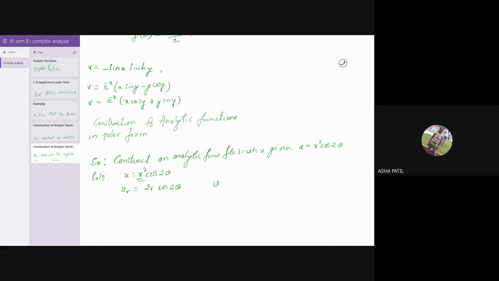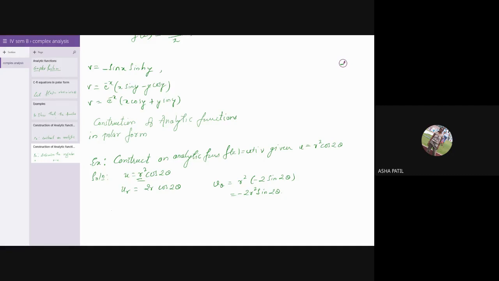Then u theta: r square is held constant, derivative of cos 2 theta is minus 2 sin 2 theta. We get minus 2r square sin 2 theta. So we have u r and u theta.